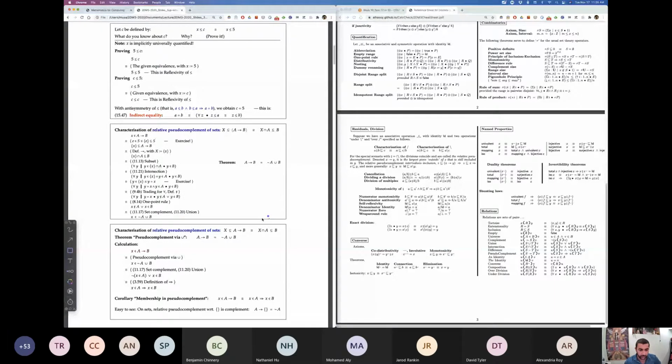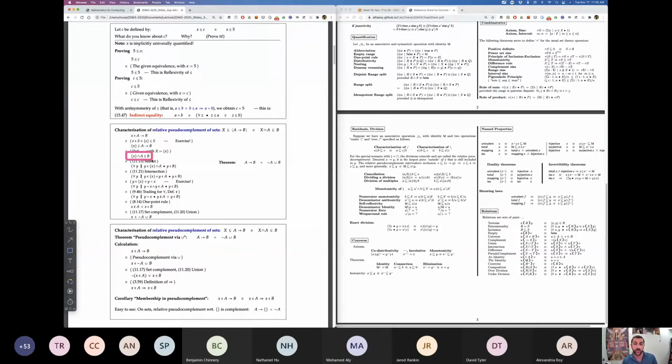Just by unfolding these definitions, we know that membership is the same thing as subset. Then when we have subset in hand, we can invoke the characterization of relative pseudo-complement. Now we have this purely set-theoretical formulation in terms of things we know.